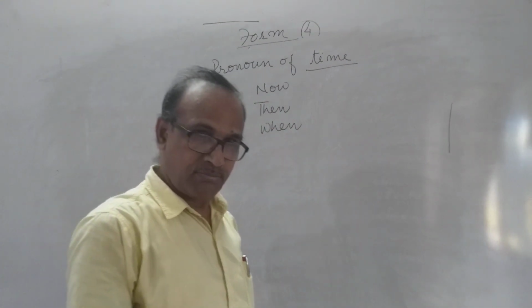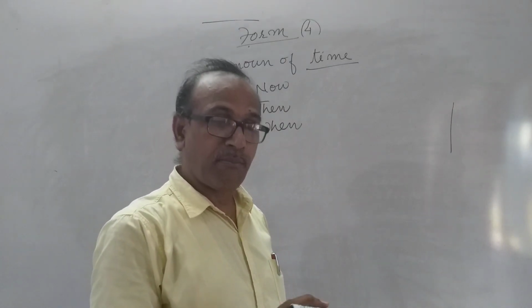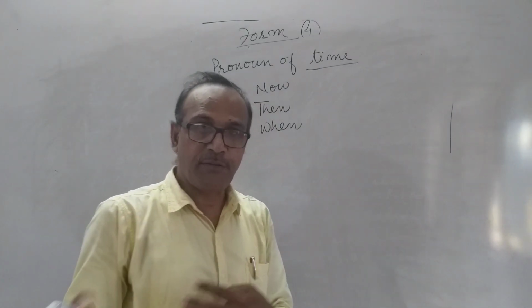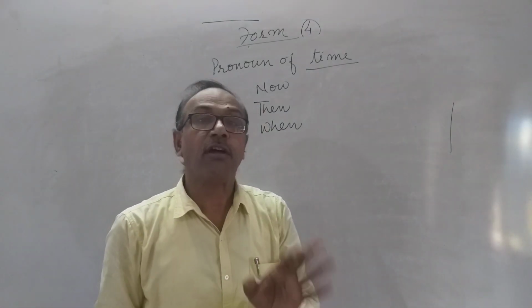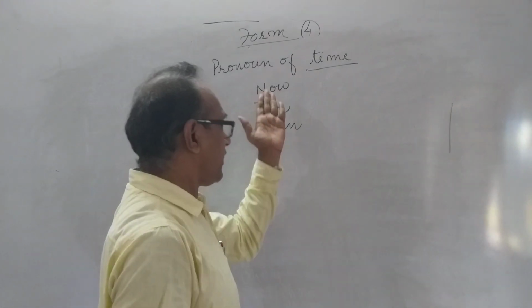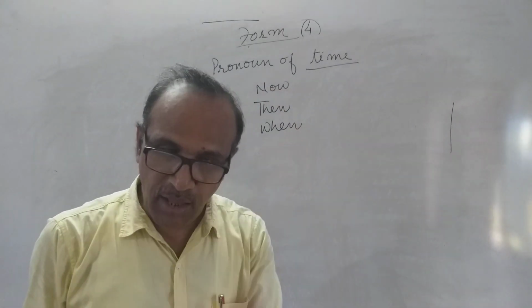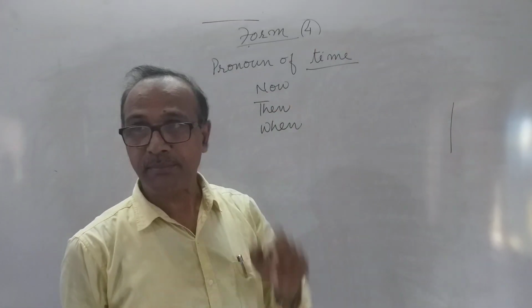Now may be 12 o'clock, that may be 2 o'clock, that may be morning, that may be evening. So these are the names of time. Those are called nouns. Any name is a noun. So any replacing word of that noun is a pronoun. So these are called pronoun of time.